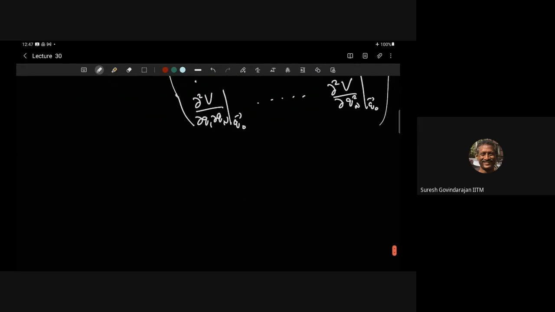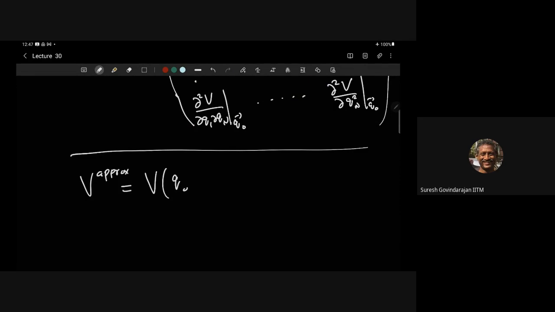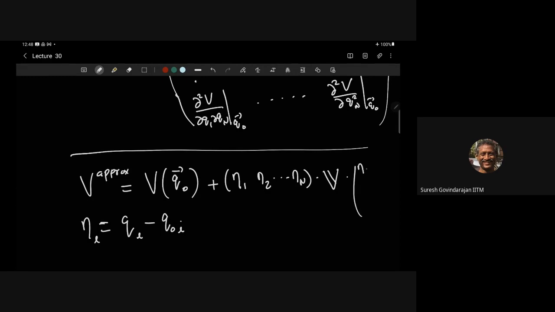And so what we will get is, we obtain the approximate V approx, which will be some constant V at Q naught plus the quadratic terms, and let's define eta i to be Qi minus Q naught i. Okay, is this clear? This is what we get.